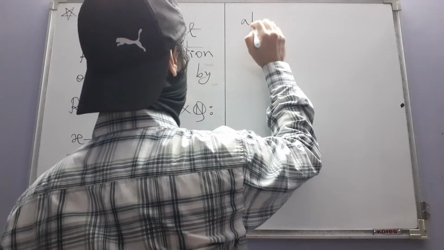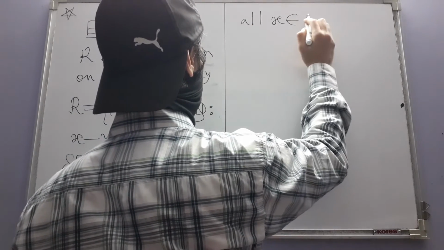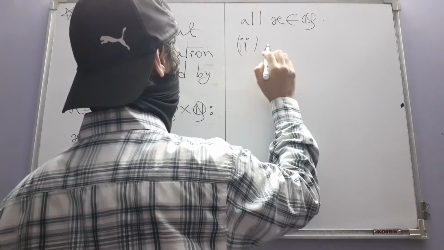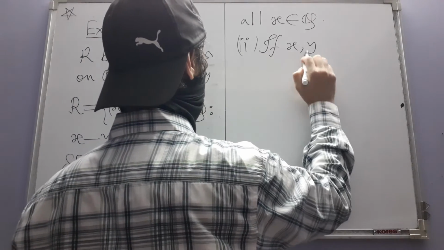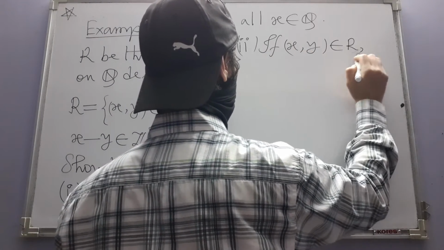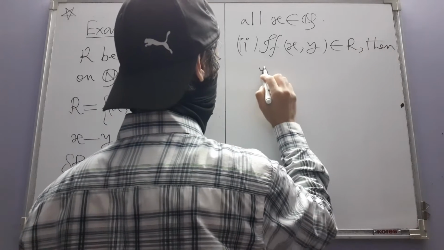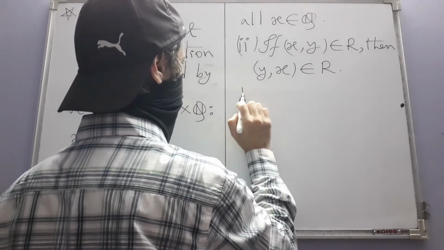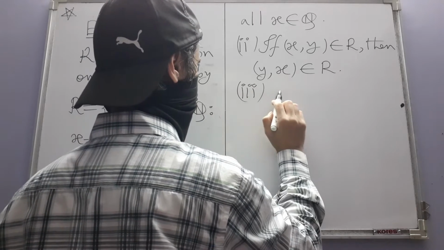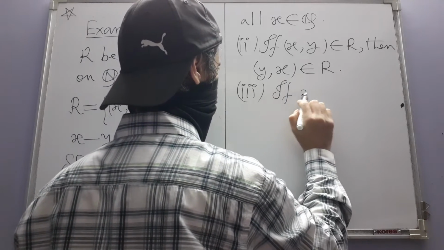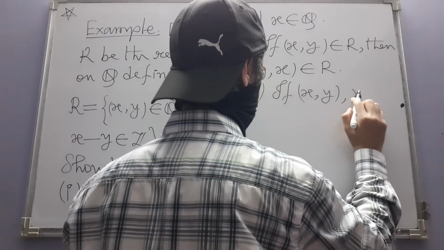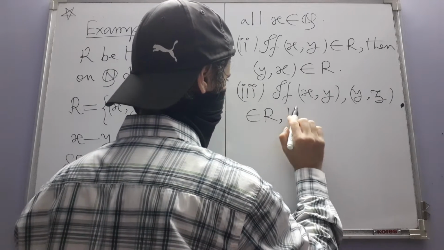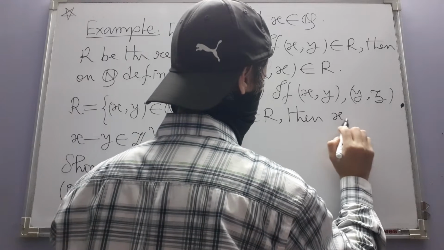Number 1: for all x in Q, x comma x is in R. Number 2: if x comma y is in R, then y comma x is also in R. Number 3: if x comma y and y comma z are in R, then so is x comma z.